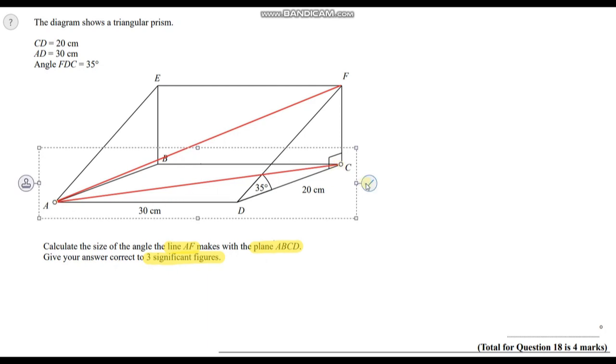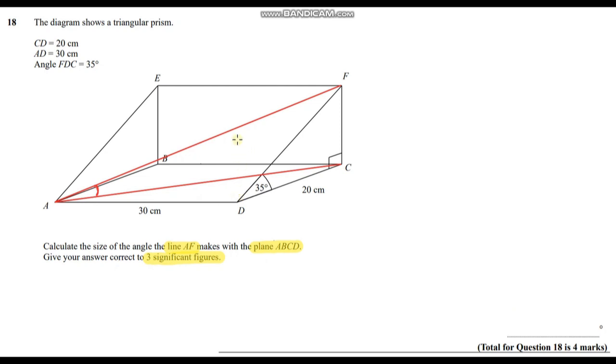Okay, and now we're going to calculate the angle. Let me just draw it in. So this angle here. Oh, wrong pen again. So let's do that again. So this angle here, we're trying to calculate this angle. So what information do we already have? Well, we've got AD and we've got DC. So we can actually calculate AC using Pythagoras. Because this is a right angle triangle. If we look from this perspective, this does not look like a right angle.